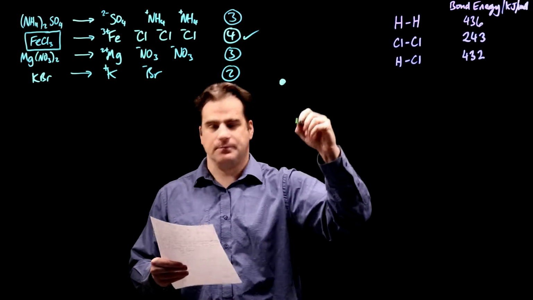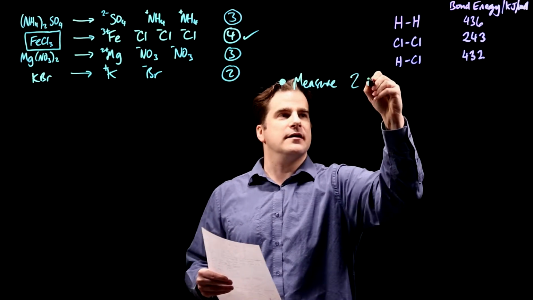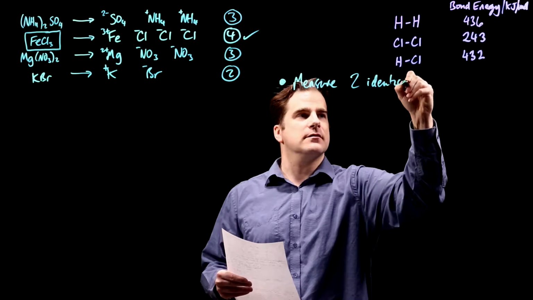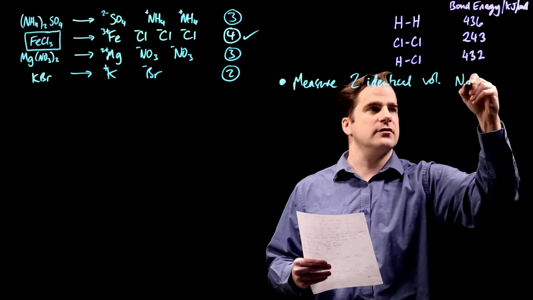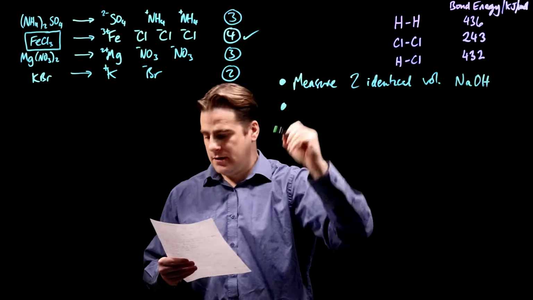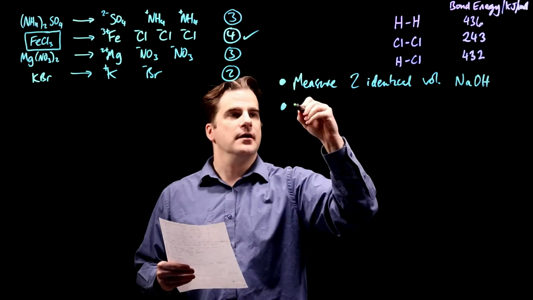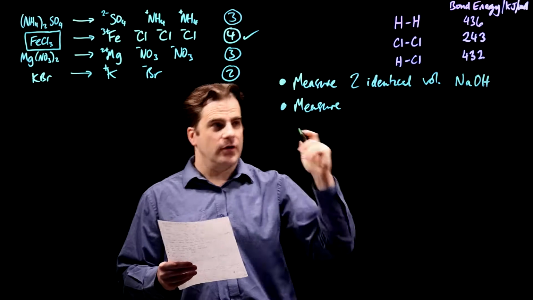So first thing, measure out 2 identical volumes of the sodium hydroxide. Okay. Next, measure out the same volume of each acid.